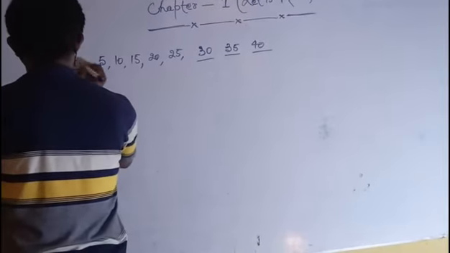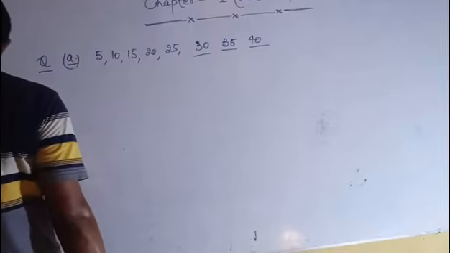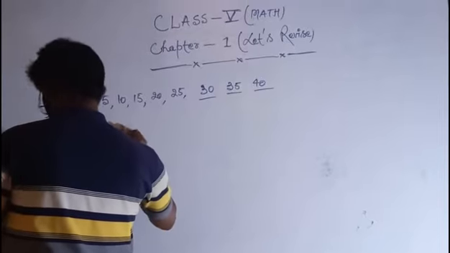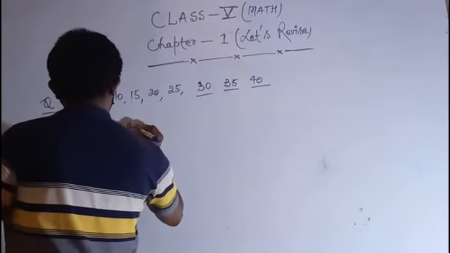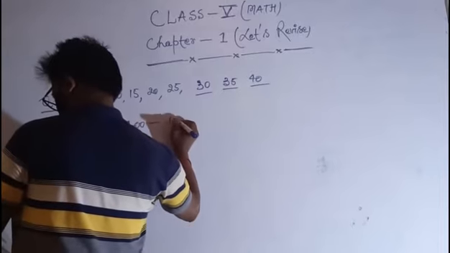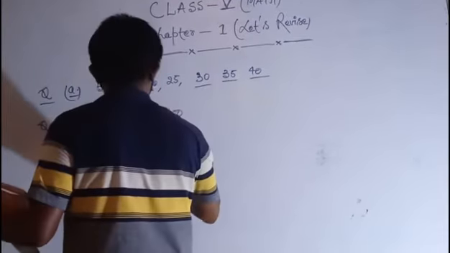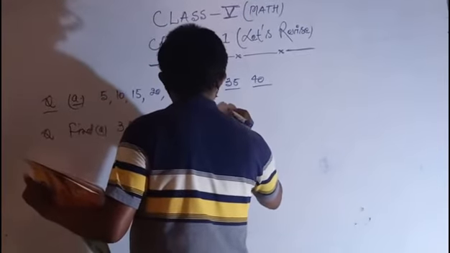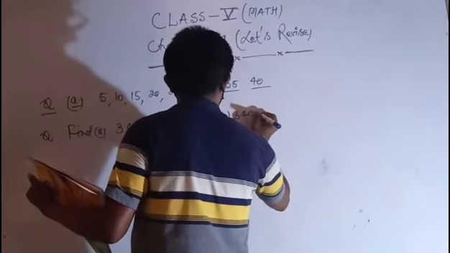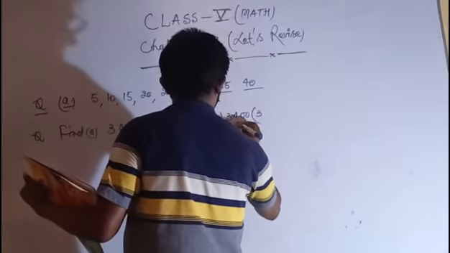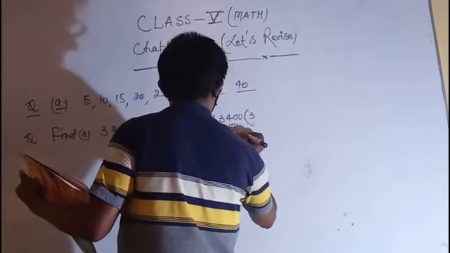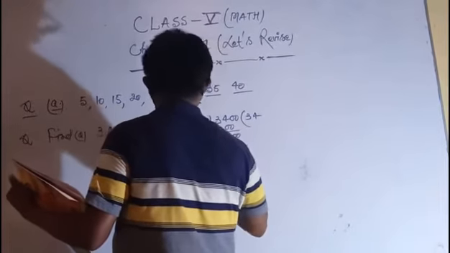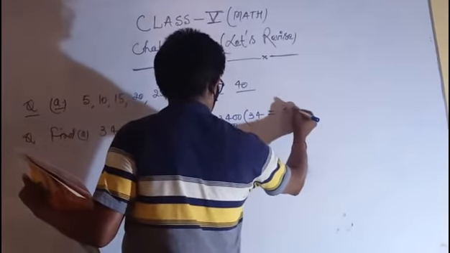Next question. You have to find the result of 3400 divided by 100. This is 3400 by 100, cancelling the zeros, 34. So your result is equal to 34.